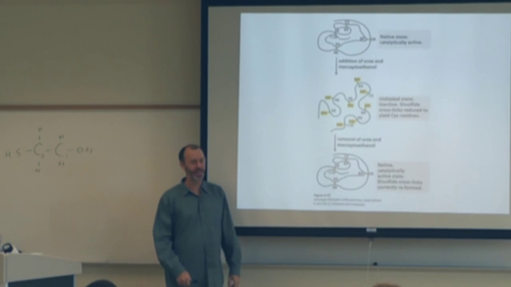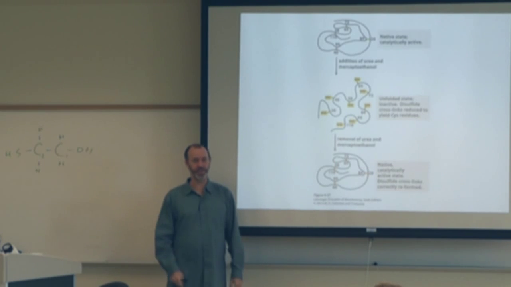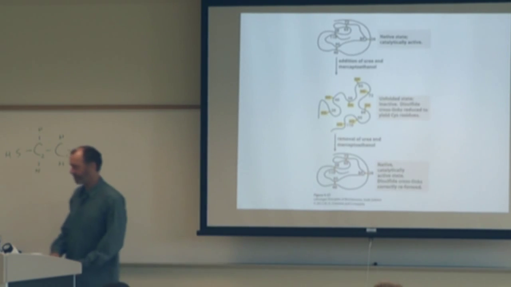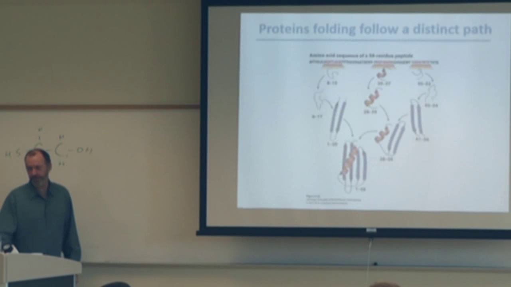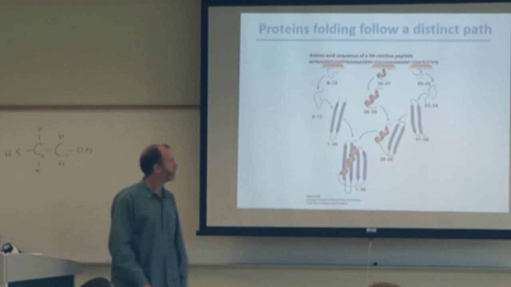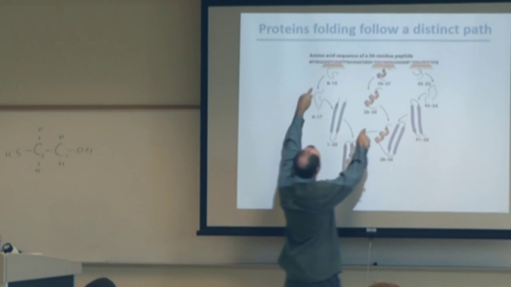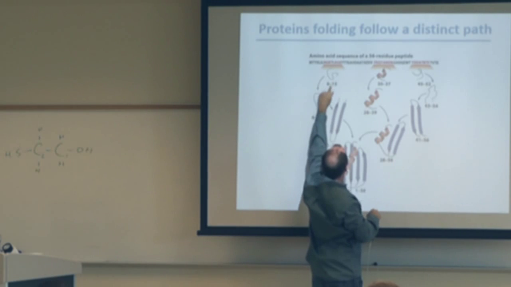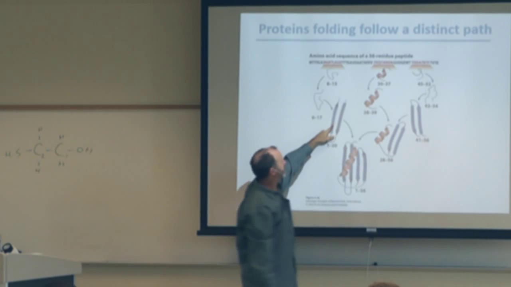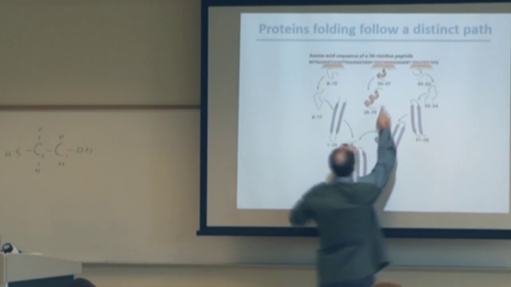to ribonuclease, which means it breaks down RNA molecules, takes them apart. And protein folding is going to follow a distinct path. So you're going to have these local minima in structure that are going to fold first. Like you have this structure here, and it's going to want to form these cross, anti-parallel beta sheets.